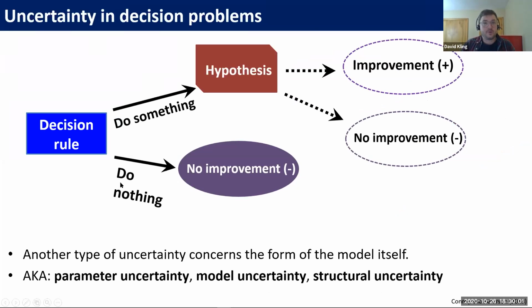So there are still further types of uncertainty that we want to consider here. Another class of uncertainty comes when the decision maker is uncertain about the model itself.